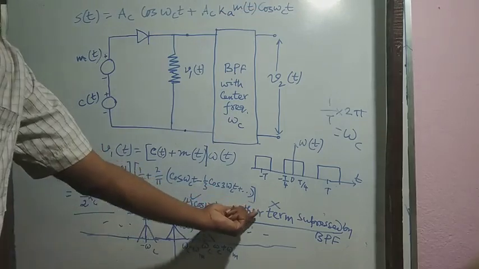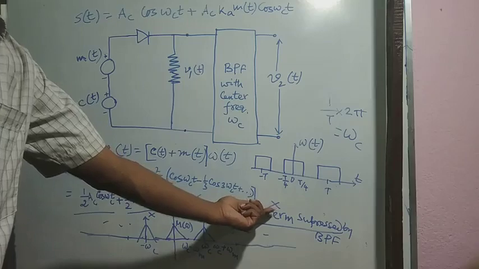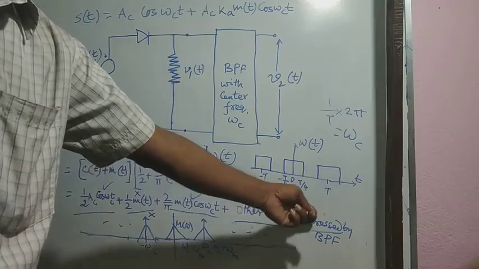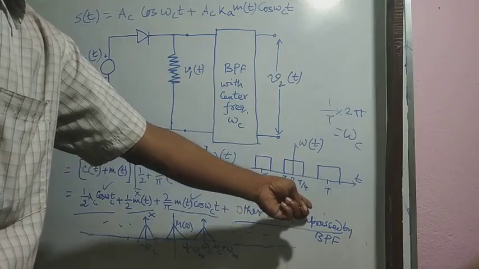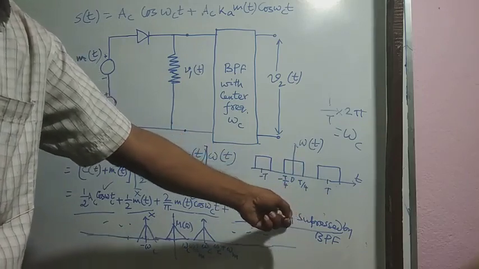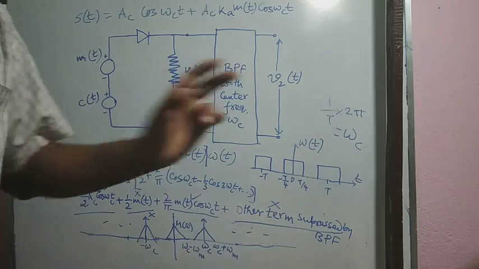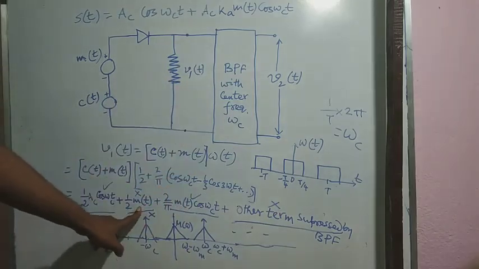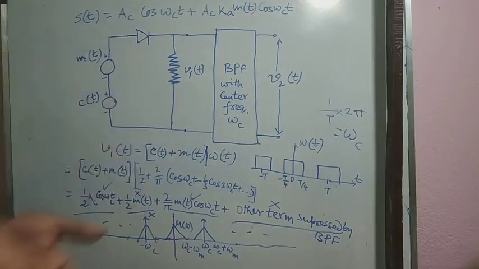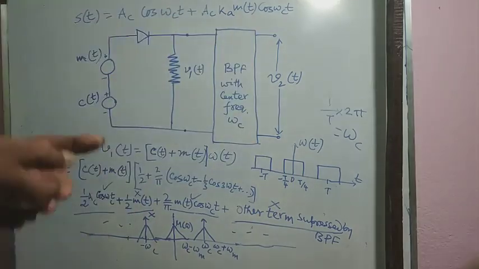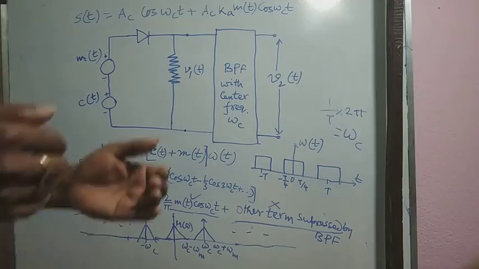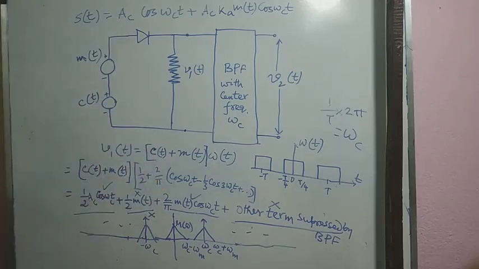And here are the terms like cos square omega c t, or cos omega c t into cos 3 omega c t, that will give us cos 2 omega c t and cos 4 omega c t. These terms we don't need. We also don't need only the message signal. What will be the benefit if we send only the message signal? As its power is very low, after going some distance, it will die down.